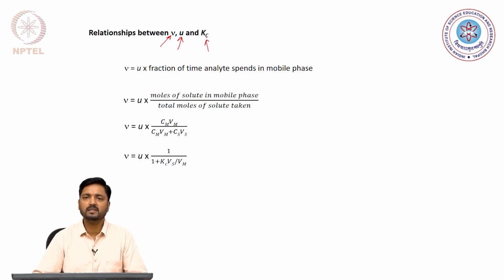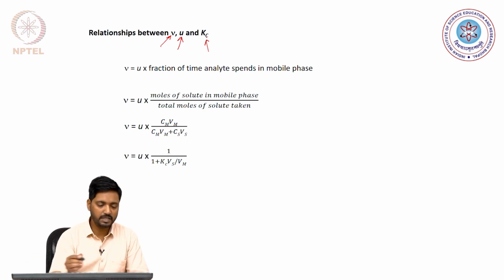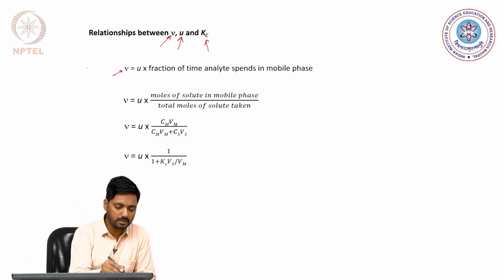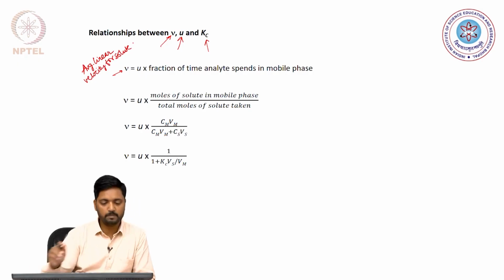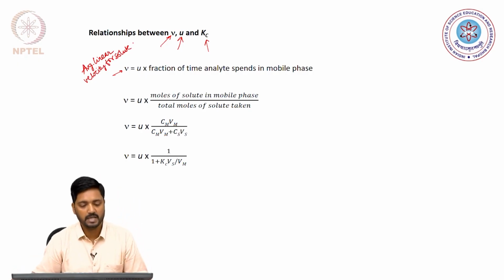So, what we can think of is that the average linear velocity for the solute, which is described by nu, is equal to the linear velocity for the solvent multiplied by the fraction of time the analyte spends on the mobile phase.